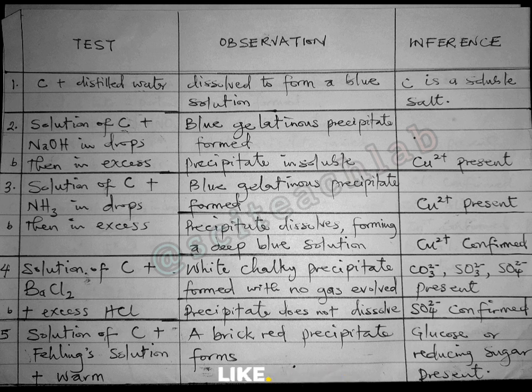So when you treat it with sodium hydroxide in drops and then in excess, it won't dissolve. But when you treat it with ammonia in drops, it will not be soluble, but in excess of ammonia, it will be soluble. Understand that. Alright? And then you've analyzed to find Cu2+ ions in that solution.